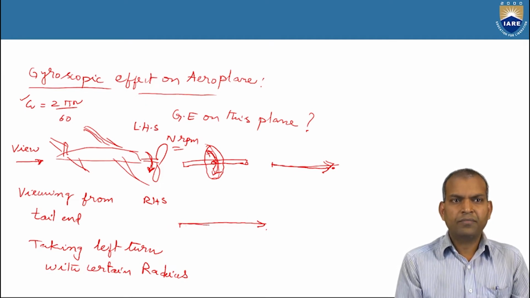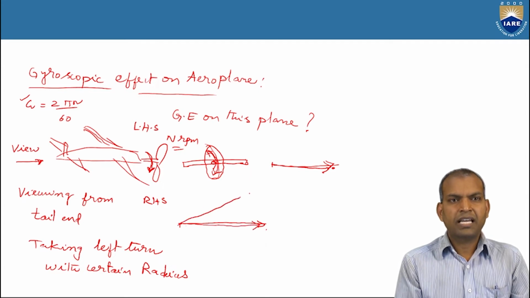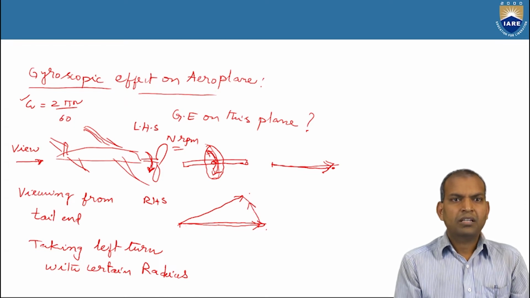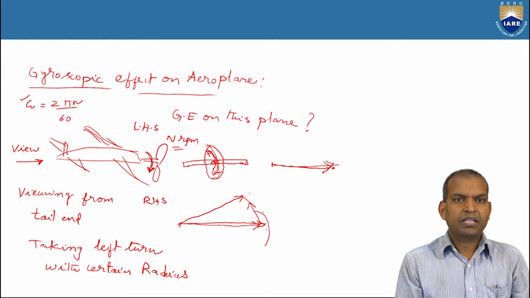Then it is taking a left turn. When you are viewing from the rear end, the left turn is in this direction. Now join this. Then this is the direction of the active gyroscopic effect.